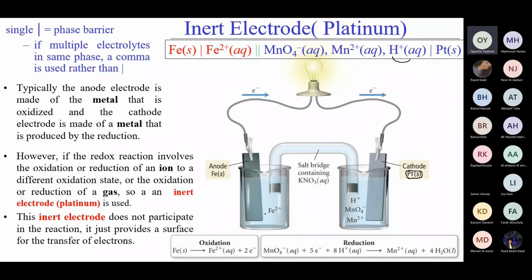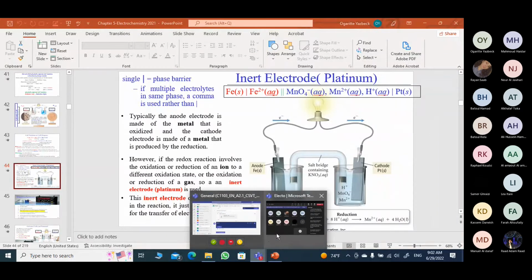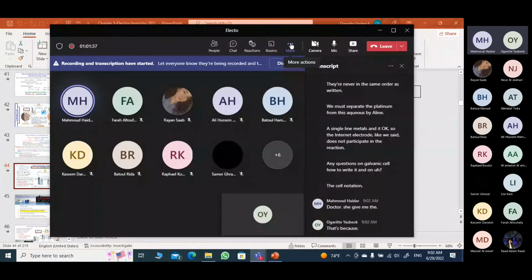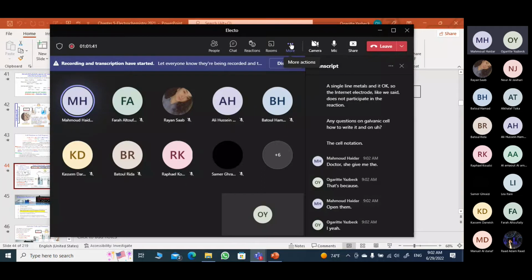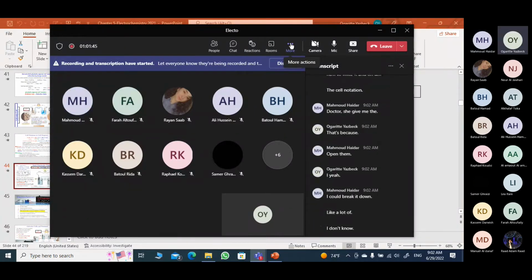Any questions on the galvanic cell, how to write it, and on the cell notation?